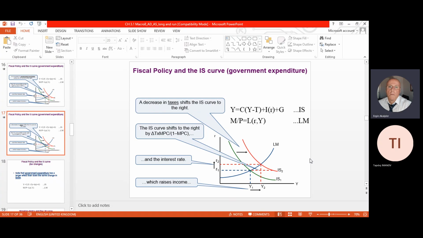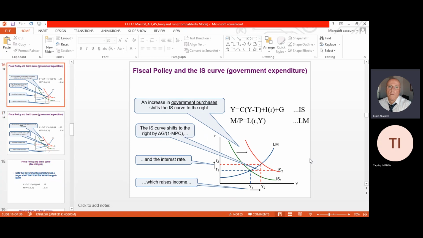In the second graph and the second model, a decrease in the tax shifts the IS curve to the right, as indicated here. Now we are supposing the tax decreases.